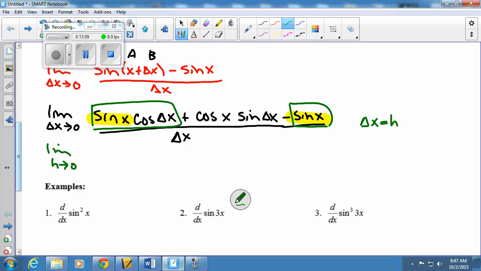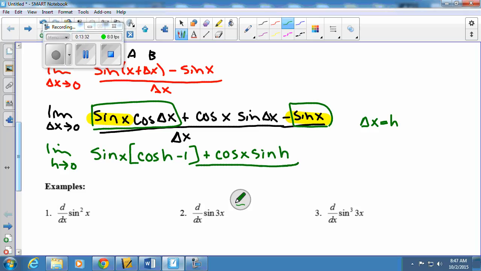If you have one in one term and one in the other, what can you do? Okay. Notice I changed that to h. And what do I have left? Let's see, cosine of x, sine of h.